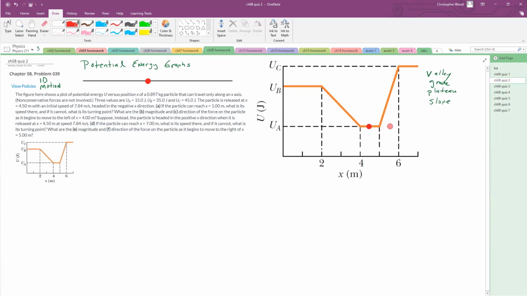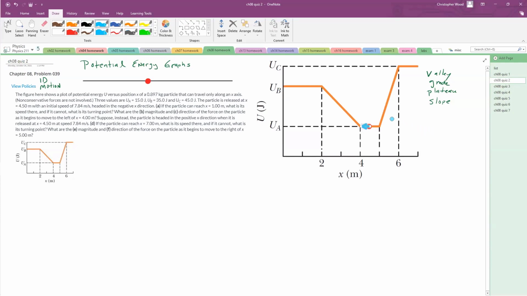There's my particle sitting at 4.5 meters. That's my starting point. And if I'm reading this, it has an initial velocity going to the left, like this. Maybe I'll make that a little bit thicker. I start off going leftward.